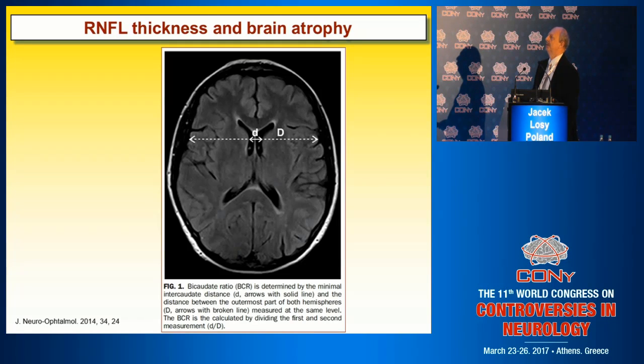So this correlation tells us that RNFL thickness could be such a marker, and it is, as you know, very easy to obtain, and could be a method to easily look at the processes going on in MS patients.